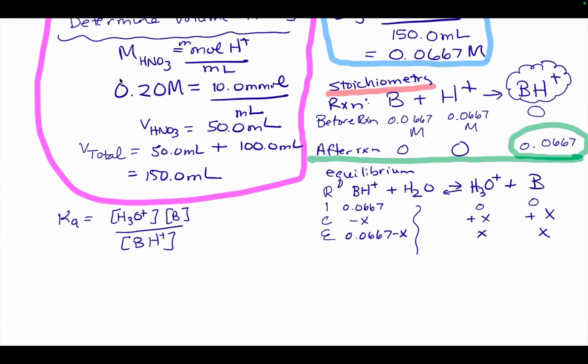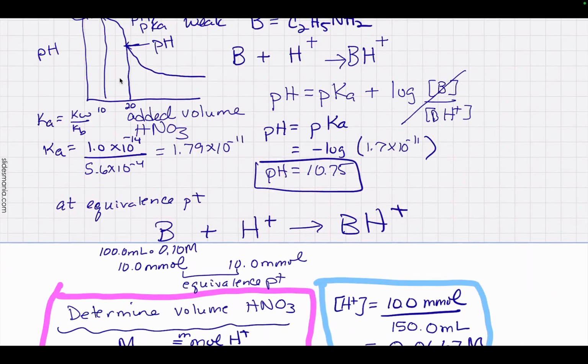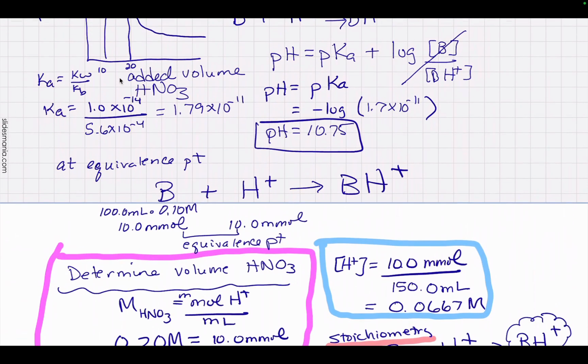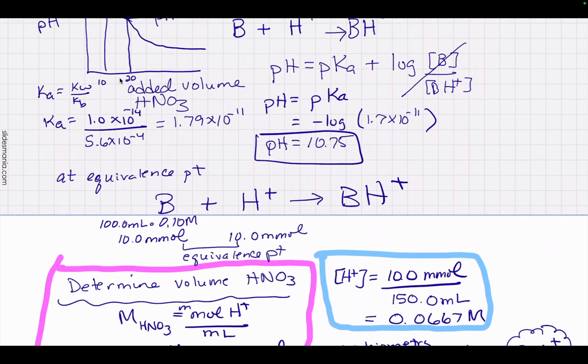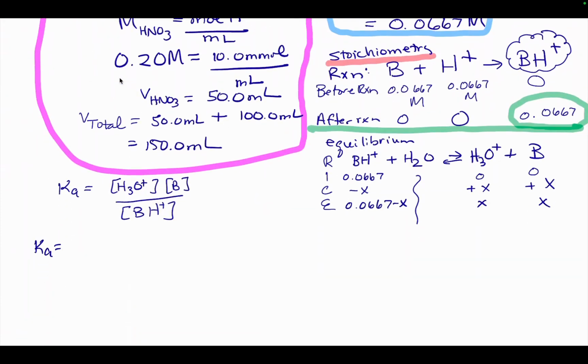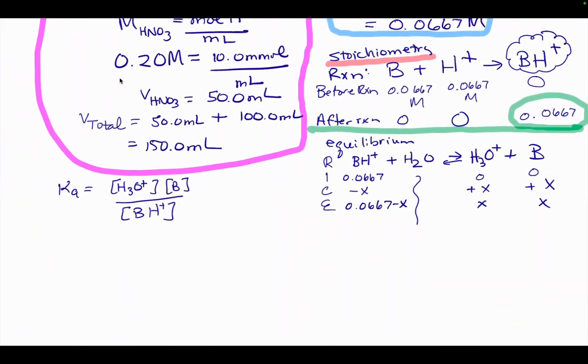Did I already do that up above? I swear I did. Yeah, I did. Ka is right here. So it's a long problem. I forgot where I was at. Right here. So we know Ka is 1.79 times 10 to the negative 11th.